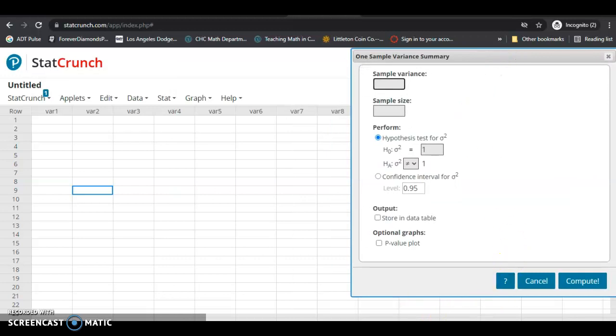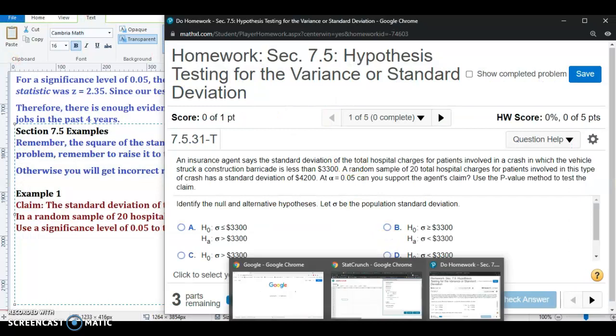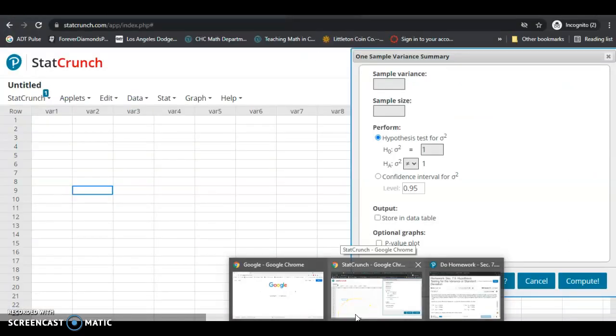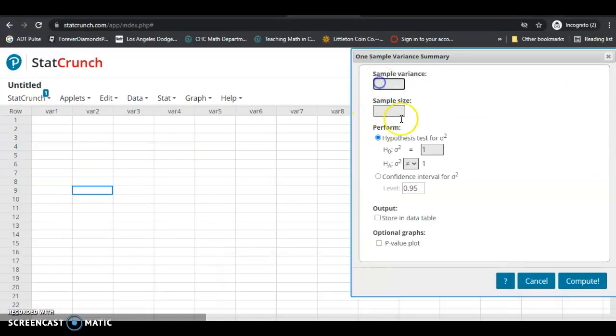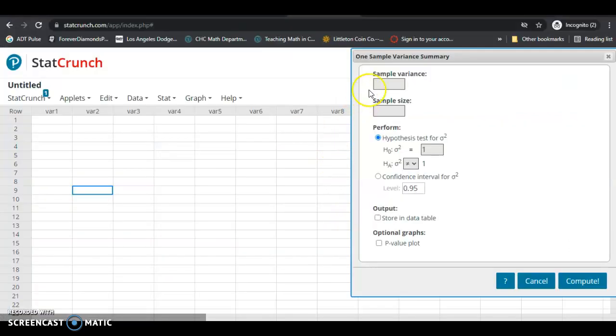So for example, if you just input the information of the problem, the sample standard deviation being 4,200, the sample size is 20.